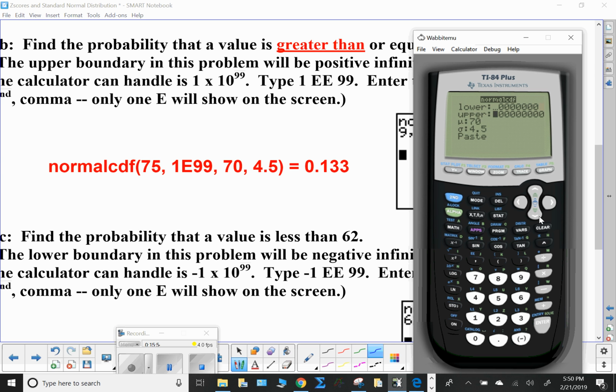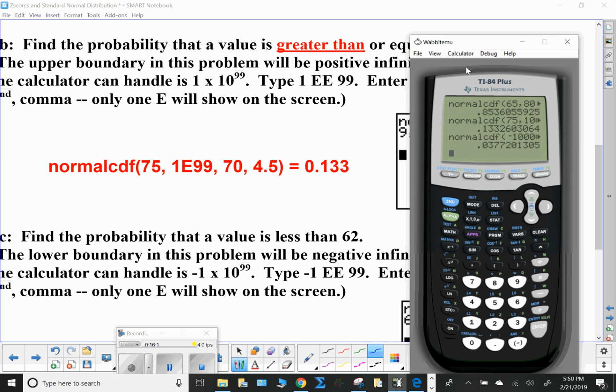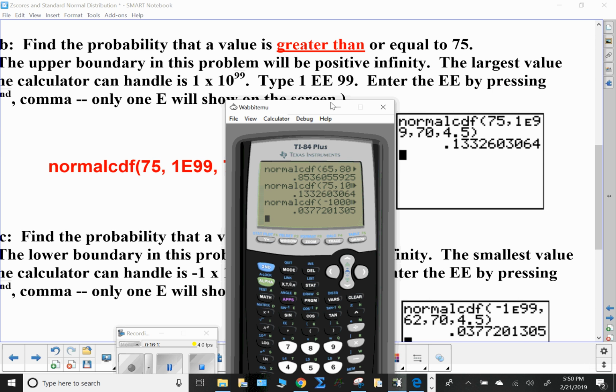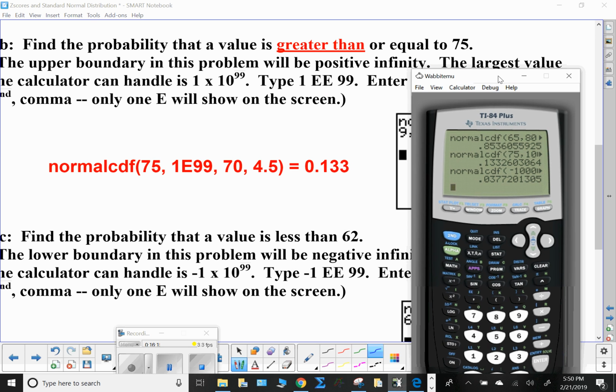Then I come down to the next one. My upper bound is going to be 62. Everything else is the same. I come down and paste, hit enter, and get 0.0377. So the probability is 0.04, or about 4% is less than 62.